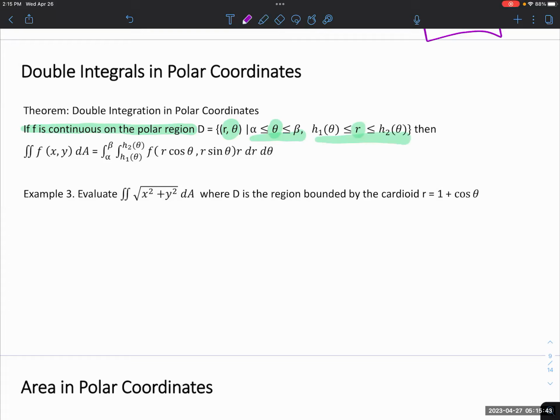But sometimes the r interval is written as some function. It's not simply like 2 to 5 or 3 to 6. Sometimes it is going to be written by an equation. R is going to be changing depending on theta.